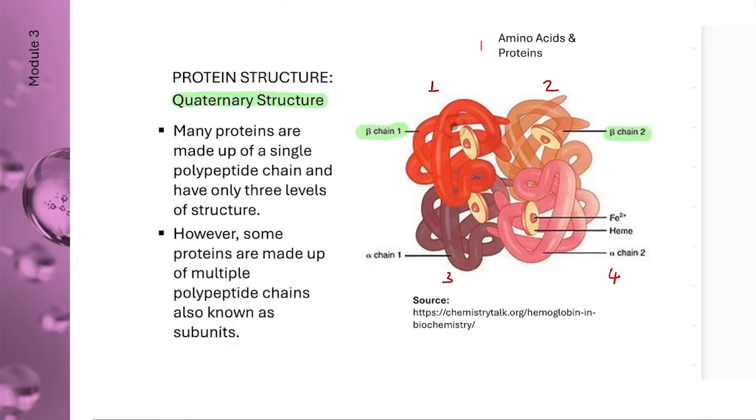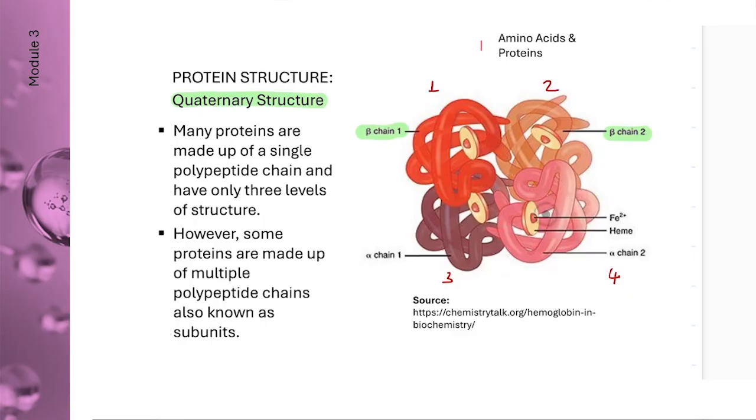But at the same time, you have interactions between each of the subunits or chains of the polypeptide chain. And this structure is what represents the quaternary structure of proteins.